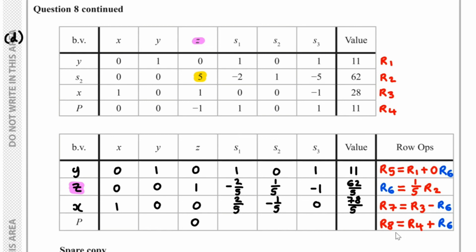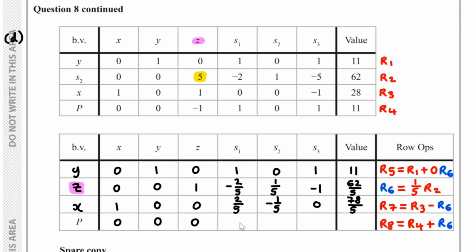And then for row 8, we've got row 4 plus row 6, so here I've got 0 plus the 0. Then I've got 0 plus the 0.